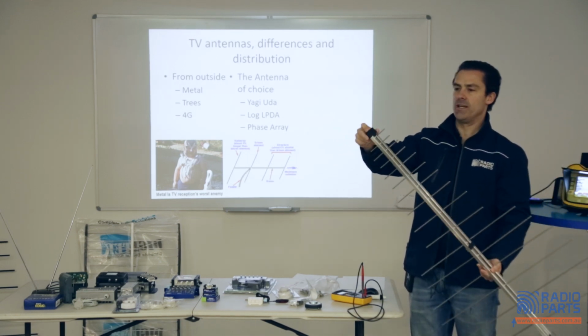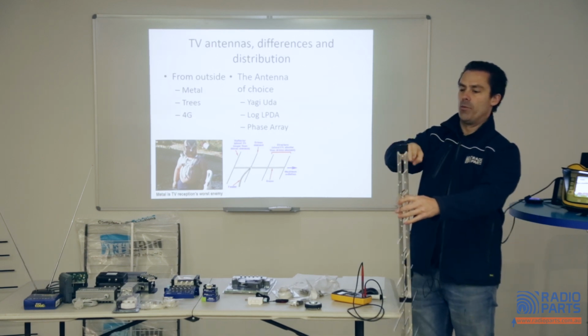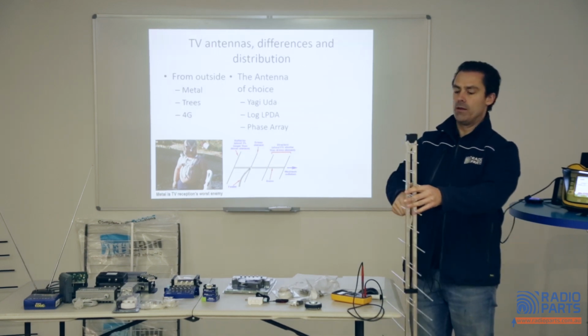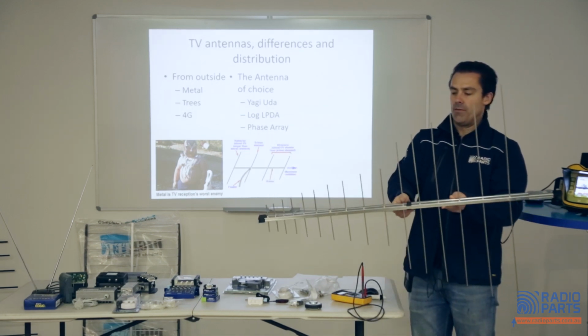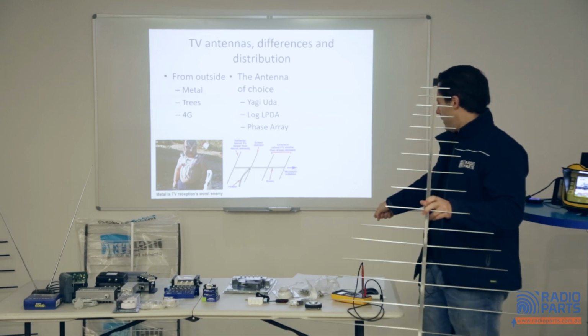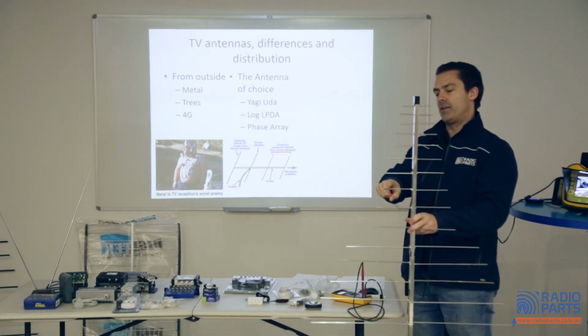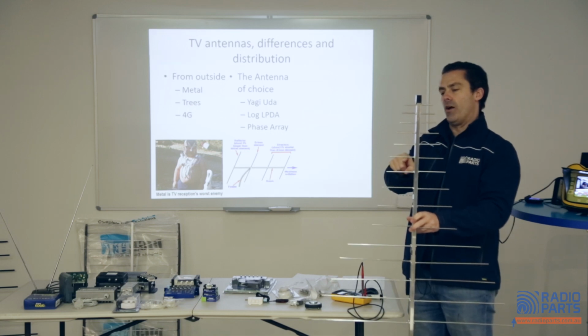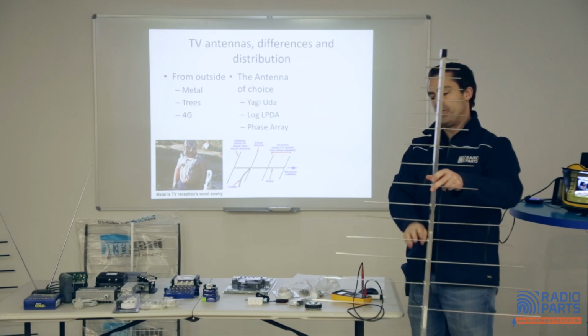If you pull off this end, you'll either find that there'll be a bit of coaxial going around the boom, or you'll have a circuit board at the end. But basically it's coaxial up and down the boom. And then a little like the Yagi over there, each of these will sort of act as a reflector, and then you'll have your dipole, and then you'll have a director. But it's spread across the entire spectrum.